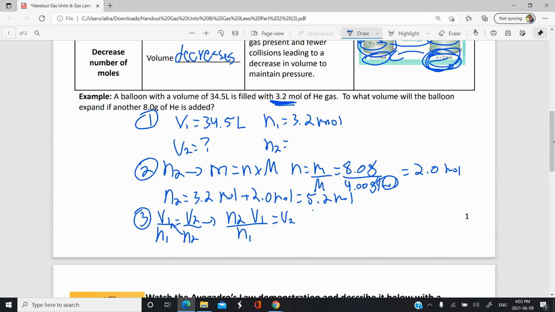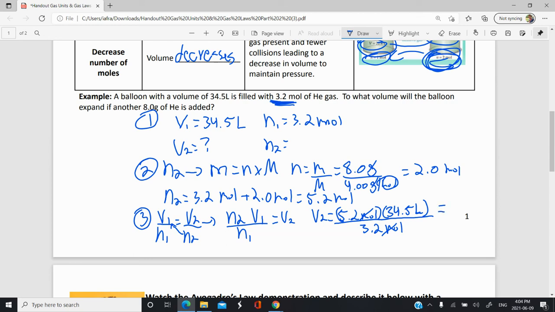So we can get that V2 is equal to, N2 is 5.2 moles, and then the V1 is 34.5 liters. Make sure you're consistent with your units. And the N1 is 3.2 moles.